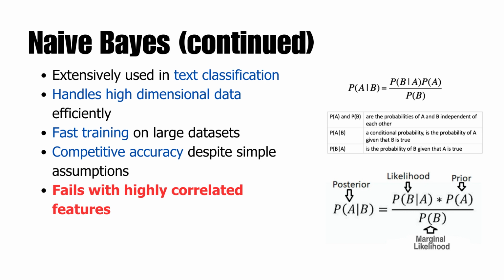A nice example is spam filtering. The algorithm examines single words such as free, offer, or limited, and determines probabilities of an email being spam when they appear. Despite the fact that the words are not independent, this assumption still generates very strong results.